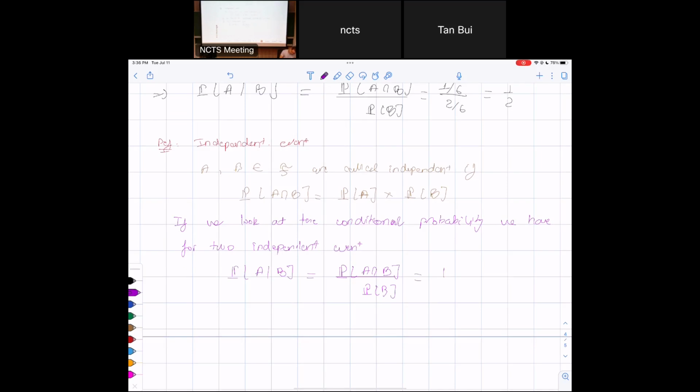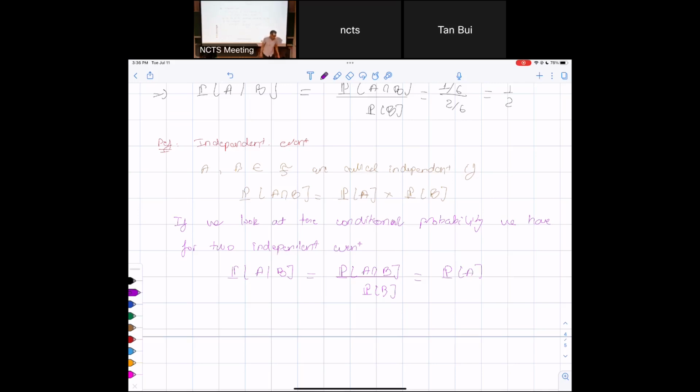But this is, on the other hand, equal to P of A, right? Because they are independent by definition. On this side, I apply conditional probability. On this side, I apply the definition of independence.